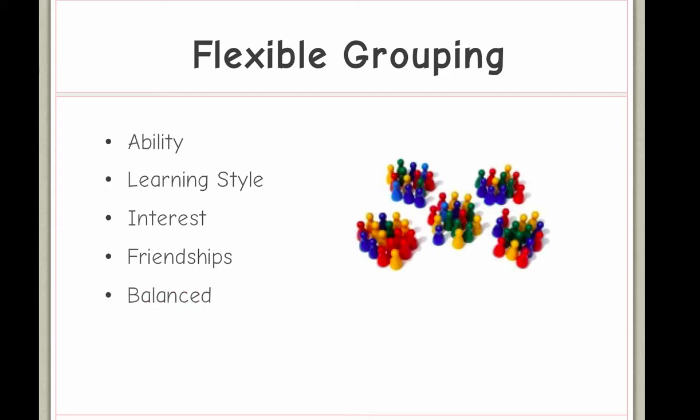Sometimes we create balanced groups. So we might want every group to have really strong writers, weak writers, and students in the middle, for example. So it's not uncommon that we'll say we want to purposely make that a balanced group. It could be completely random.